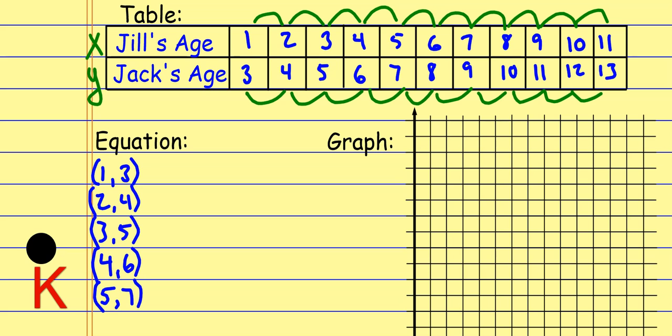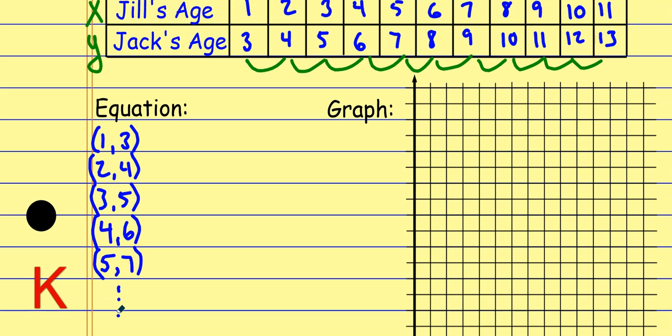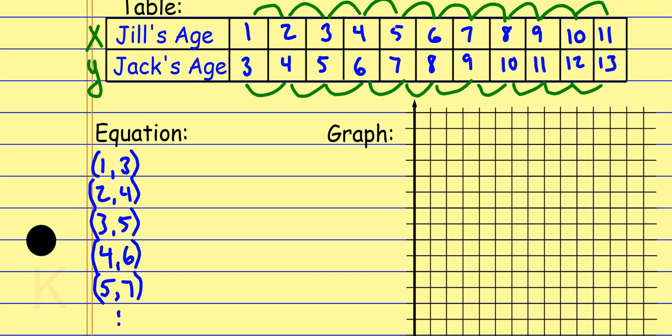Okay? But now I want to write an equation. And so we want to think about it this way. The equation is y equals, all right? We always want to start with that y equals, but now we want to describe that in terms of x. And some of the things that can help us here: the pattern in terms of y is that it's going up by 1 each time. See, we're adding 1 each time.